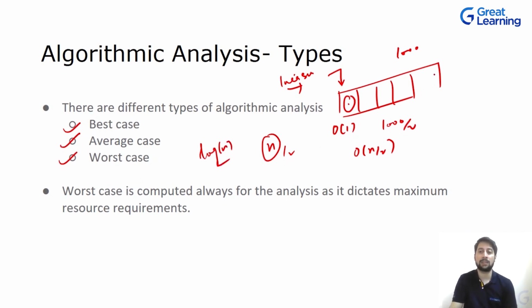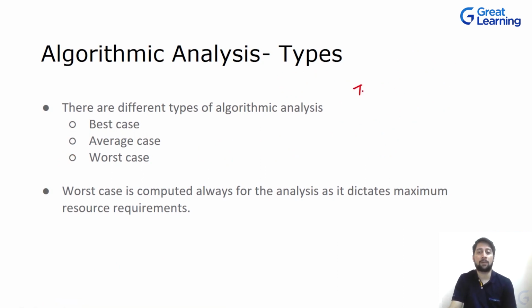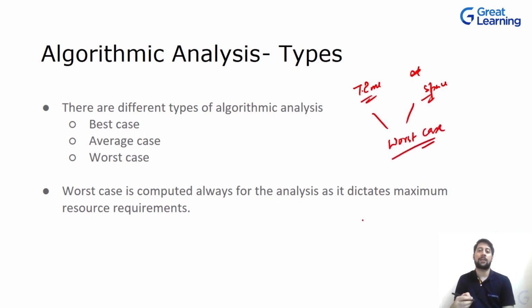Now when you talk about the worst case, the element is found at the end, or it is not even found in the array. You are traversing each and every element in the array and still you are not able to find the element. This is the worst case. The worst case is always taken into consideration because this is the maximum resource that you require. When you talk about time and space complexity, you always deduce them based on the worst case.